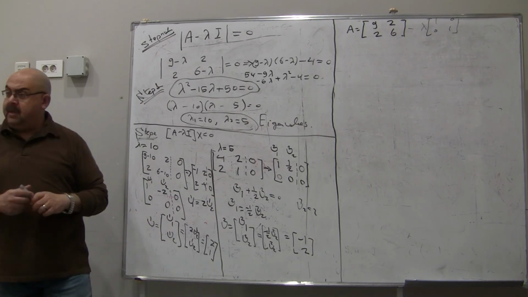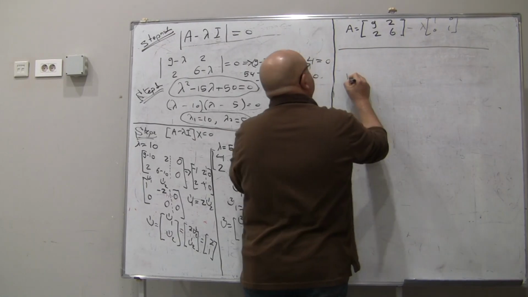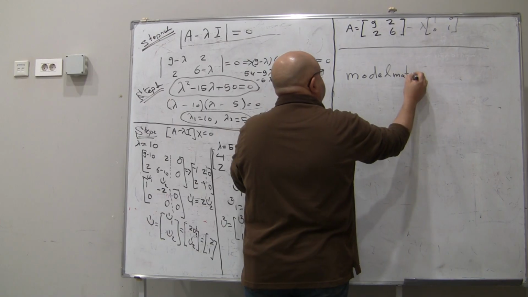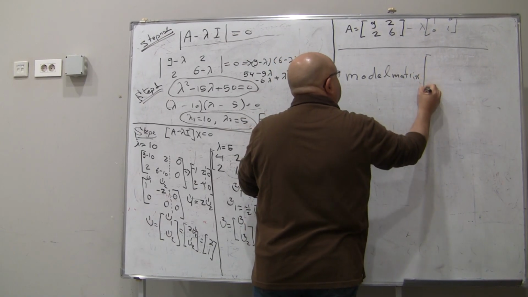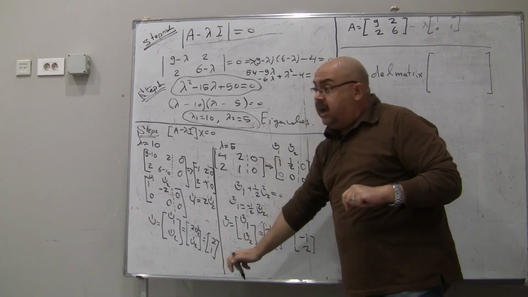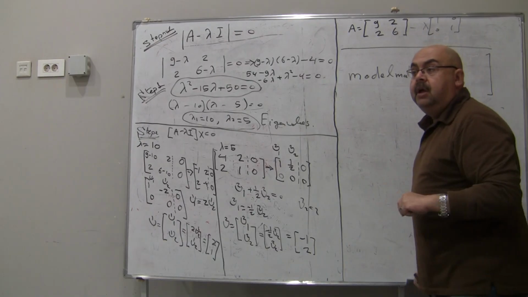From both of them, I can get what's called a model matrix. This is what's called a model matrix, where in this eigen space, the first eigenvector will be the first column, which is going to be 2 and 1.